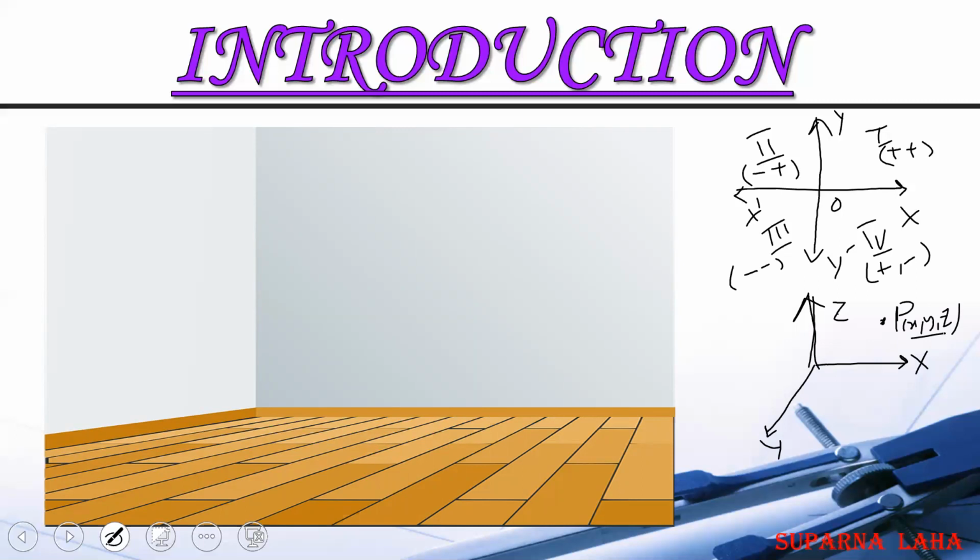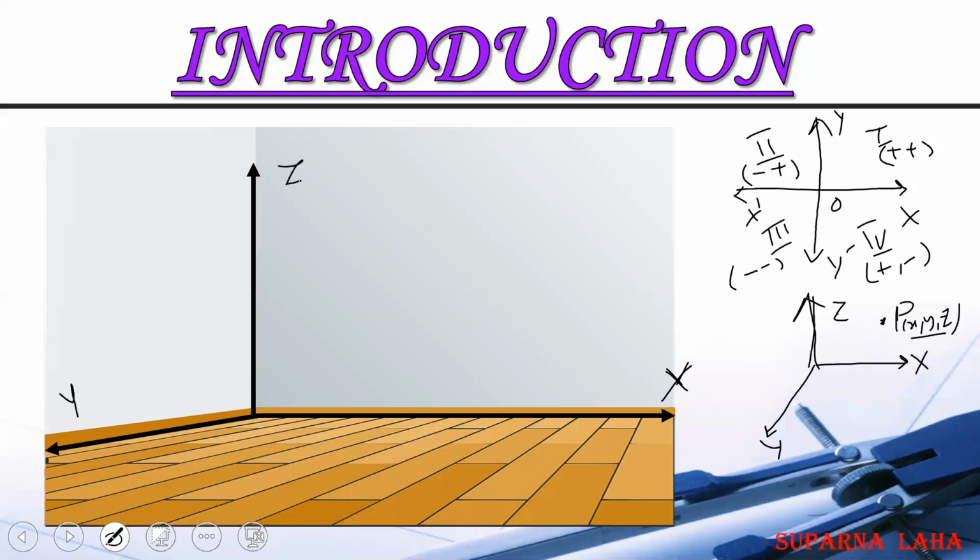If this is a corner of your room, then this straight line will represent x-axis, this will represent the y-axis, and this will represent the z-axis.